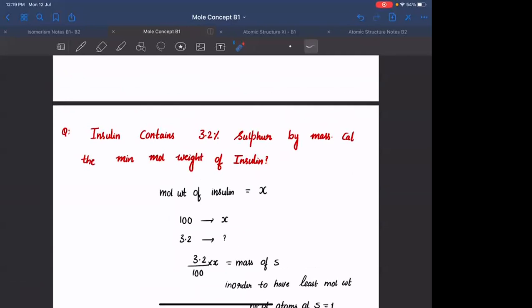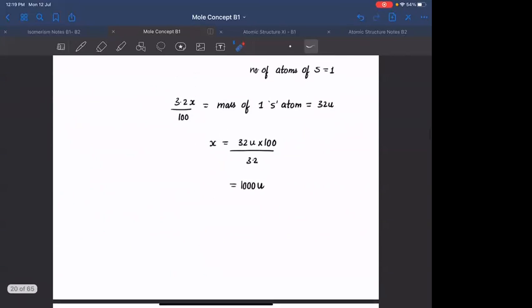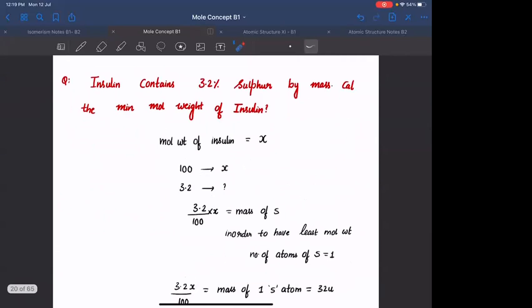It will definitely be a fixed value, Smith, like you said. But in the question, they are not asking us to calculate the exact molecular weight. Is that clear? Okay, sir. Our assumption is the number of sulfur atoms has to be 1. I hope this is clear.